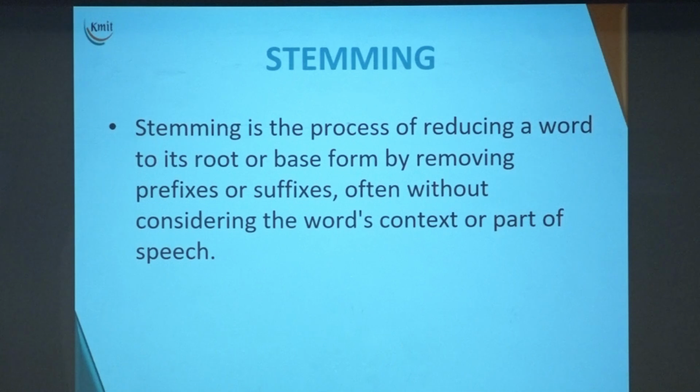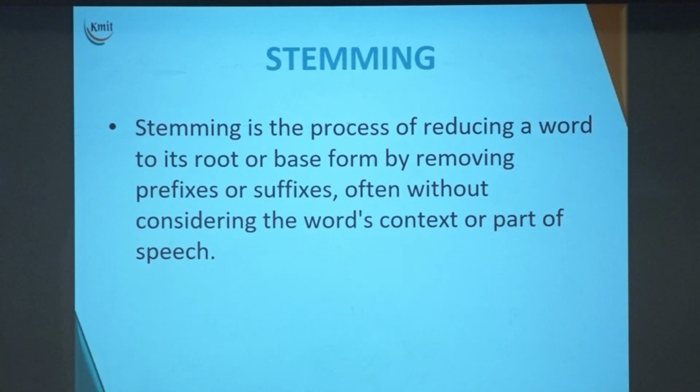So we are not bothered if it is a noun or a verb or whatever meaning it has got. All we are going to do is remove any sort of suffix or prefix. Fascinating: remove ing, fascinate. Understood? So that is stemming.